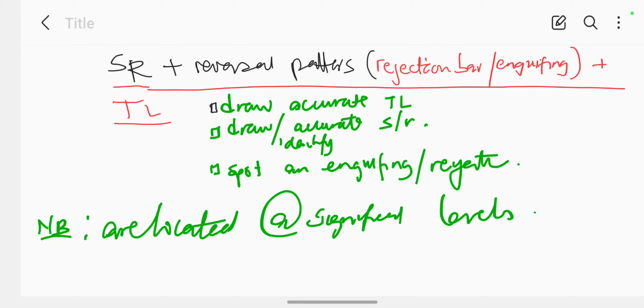I mean the only rejection bar or engulfing pattern that is gonna grab our attention is the one that is located at a support or resistance level, or it can also be located at a confluence here.